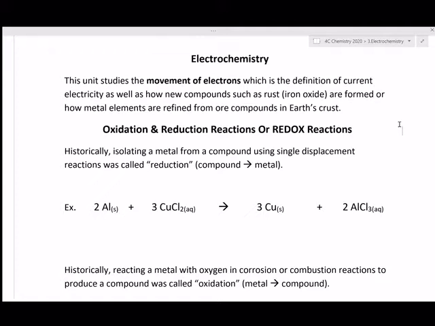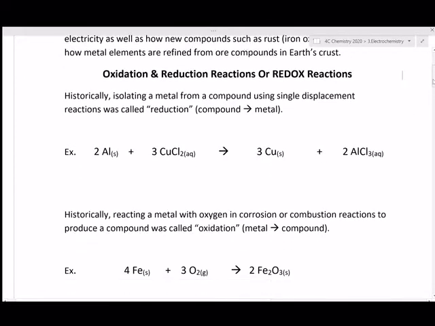Originally those names had something to do with weight: if the weight of something got less, they called it reduction. This was first used when metals were being isolated from compounds. So in the example here, copper in copper chloride is isolated into pure copper.